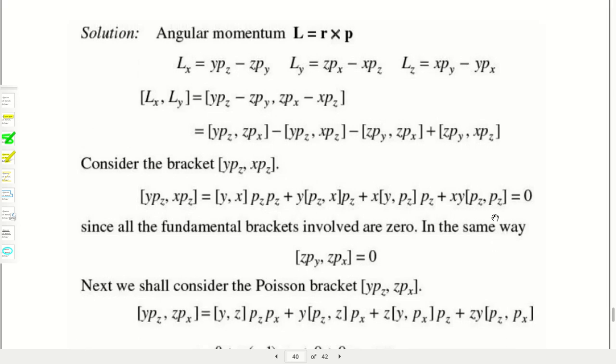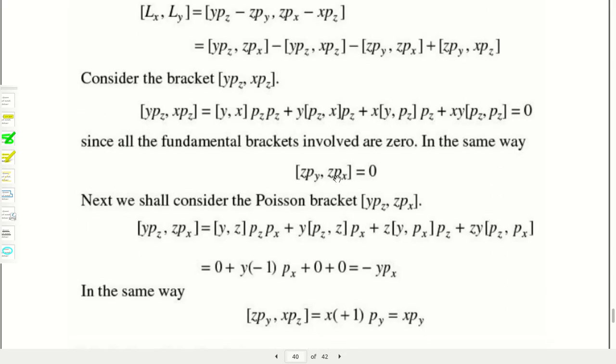By a similar reason, the other Poisson bracket, this one, is also 0. But what about the first one? ypz comma zpx will give you these 4 terms. The first term is 0. This is 0.